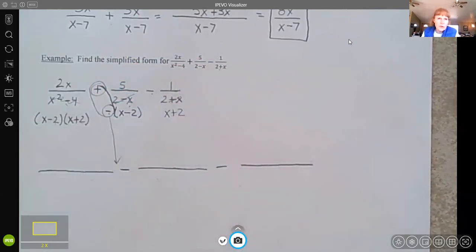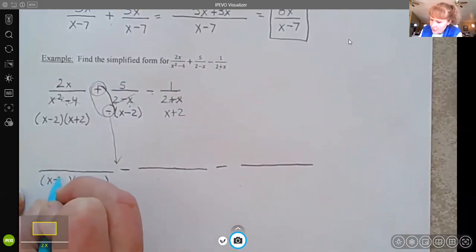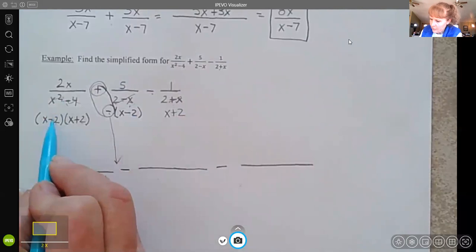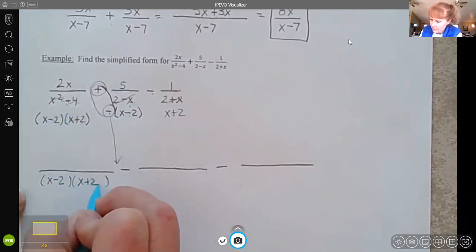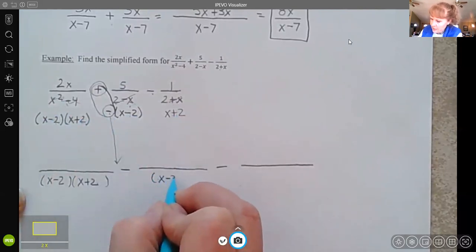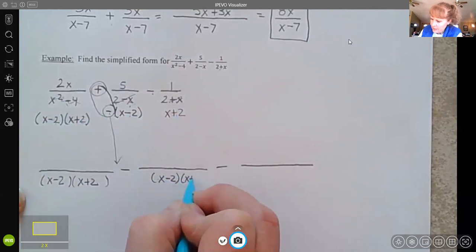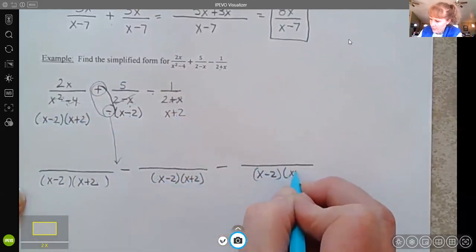So those two can become that subtraction there. So our least common denominator is x minus 2. We took care of that one, which takes care of that one. And x plus 2 takes care of that one and that one. So x minus 2, x plus 2, x minus 2, x plus 2.